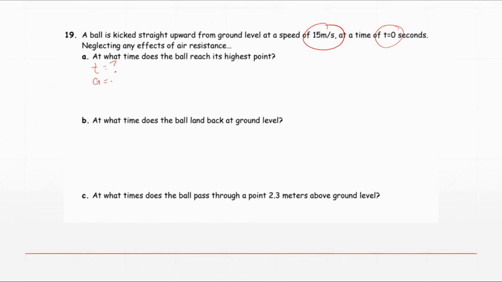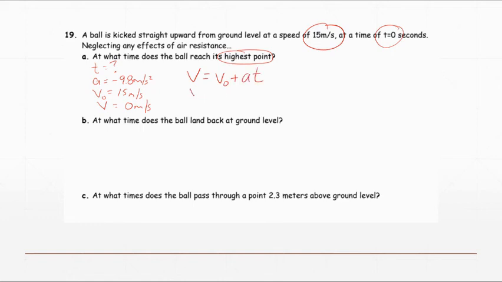We know acceleration is going to be downward, negative 9.8 meters per second squared. We know V initial is equal to 15 meters per second. And it says at our highest point, V is equal to 0 meters per second. So we're looking for time in this case. We're going to use the equation V equals V initial plus acceleration times time.